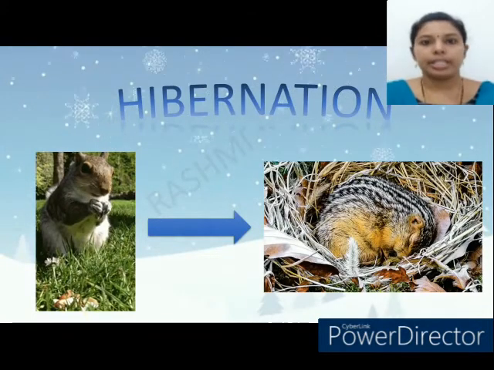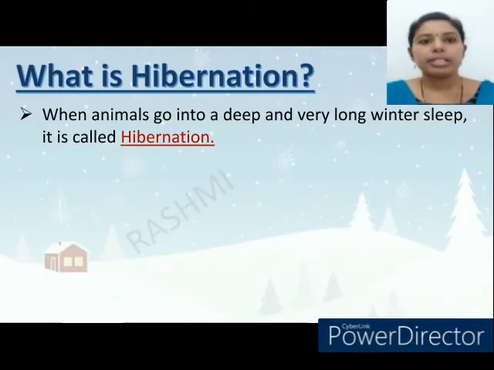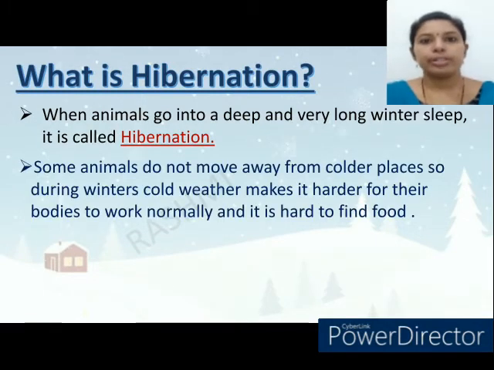Next, hibernation. When animals go into a deep and very long winter sleep, it's called hibernation. Some animals do not move away from cooler places. So, during winters, cold weather makes it harder for their bodies to work normally and it's hard to find food.